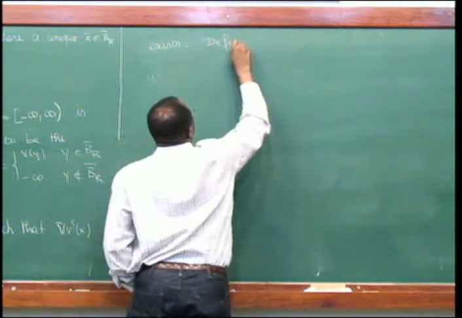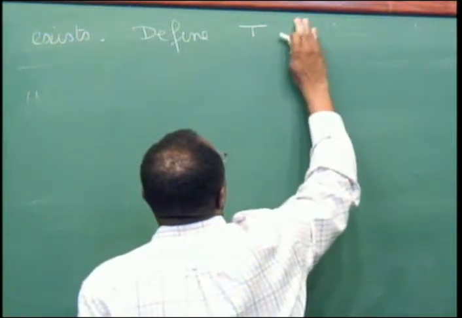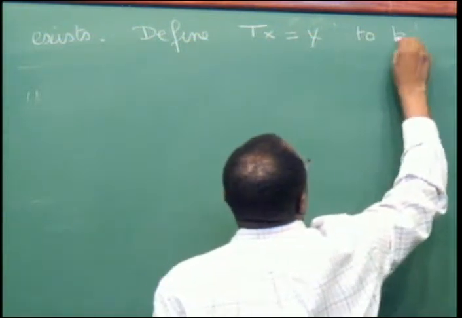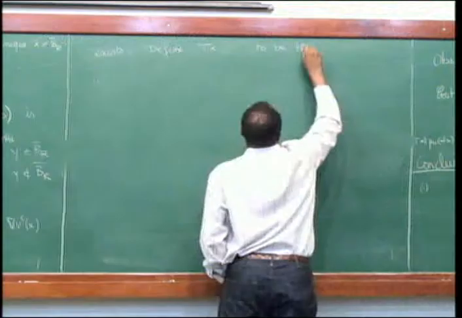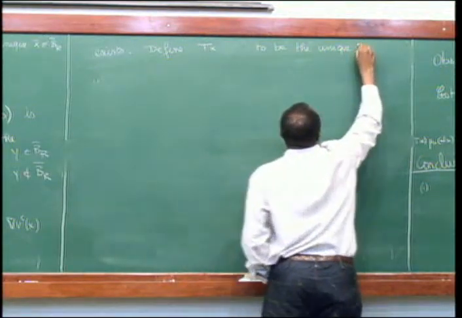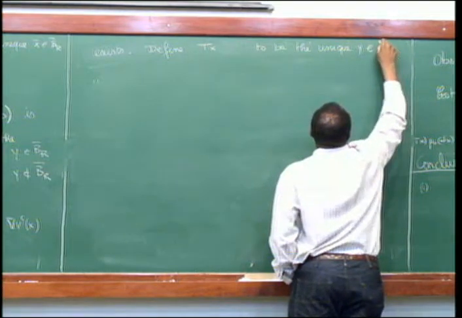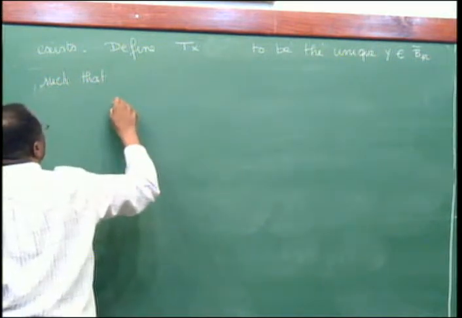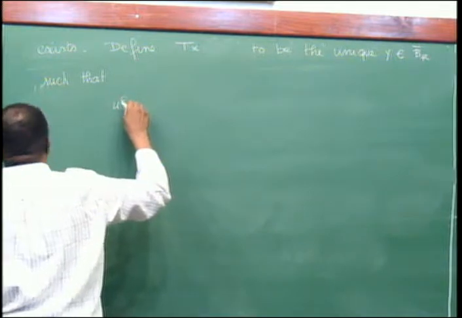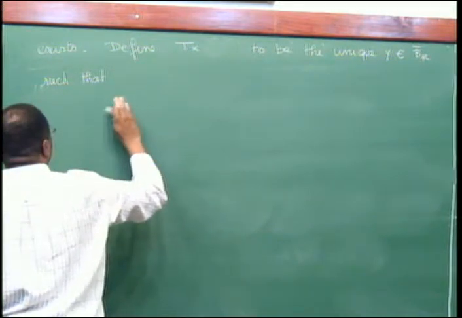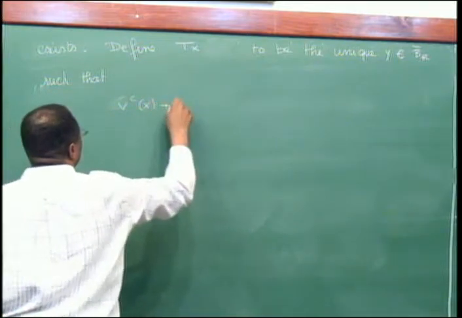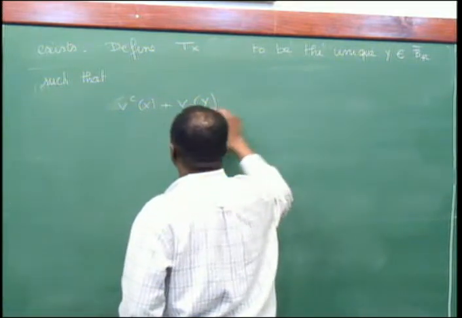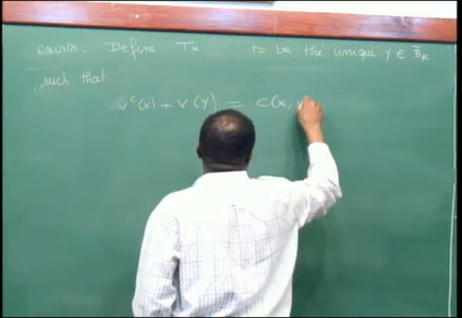Define T of x equal to y, to be the unique y in the closed ball such that VC of x plus V of y equals C of x, y.